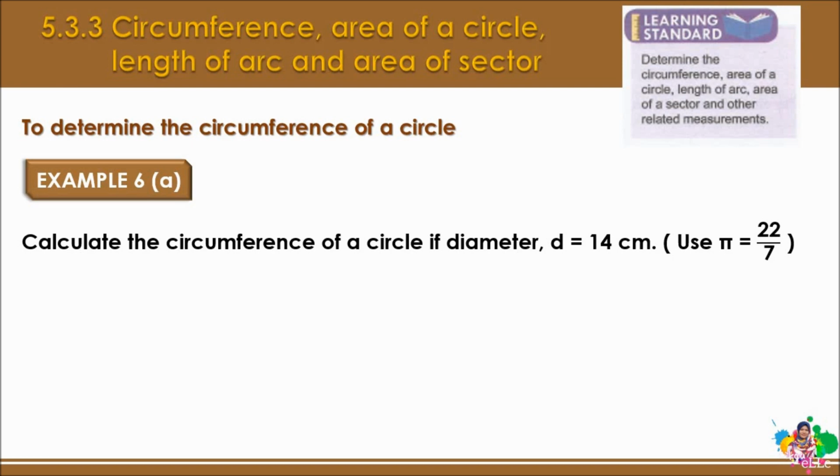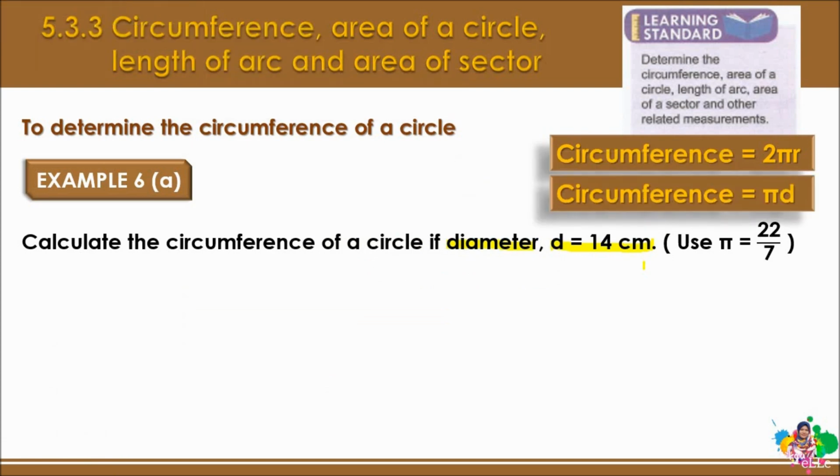There are two formulas, which are 2 pi r and pi d. In this question, the diameter is already given, d equals 14 centimeter. So which formula will you use? Yes, you will use the formula pi d.